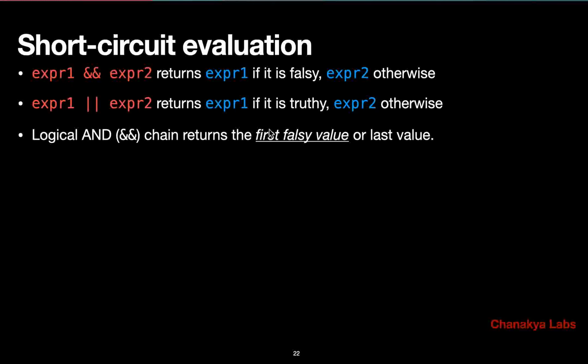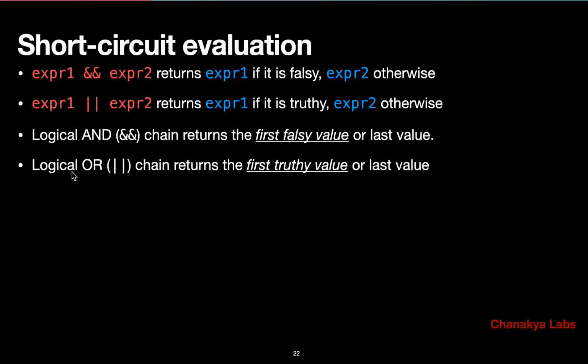Similarly here, if there is a chain of AND, let's say 3 or 4 ANDs, you keep on looking for the first falsy value. As soon as you get the first falsy value, you return that, otherwise the last value.